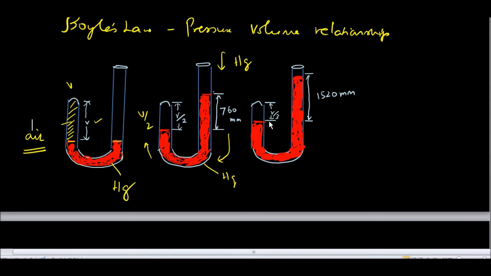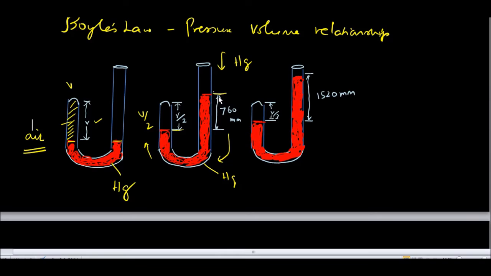Now you see the levels of mercury are not equal in both the limbs. On the left hand side, this is the original level of the mercury, and in the right hand side limb the mercury level is up to this.